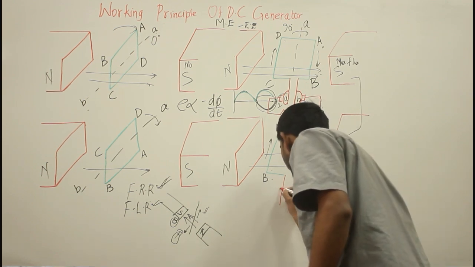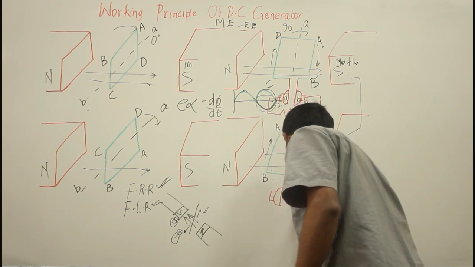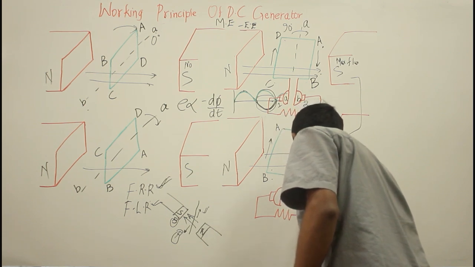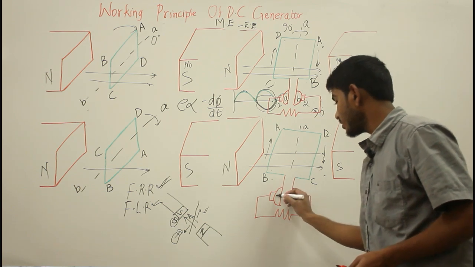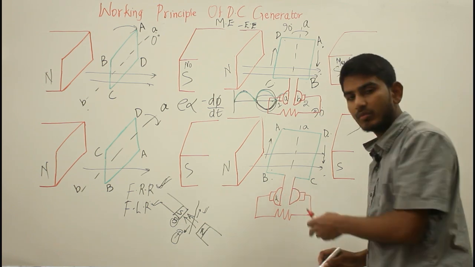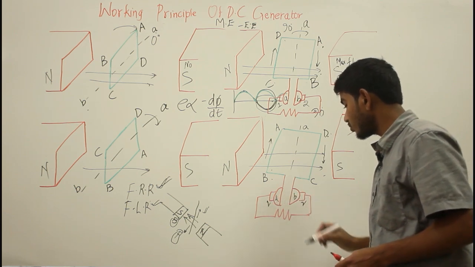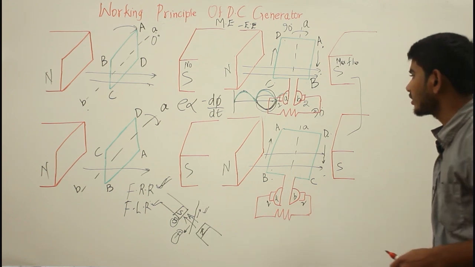If I alter the direction of the reversing current, then I will have a DC output from this DC generator. So this is my load circuit, this is brush A, this is commutator segment A, this is commutator segment B, this is brush 1, and this is brush 2. They are connected to the load circuit, say a resistive circuit.